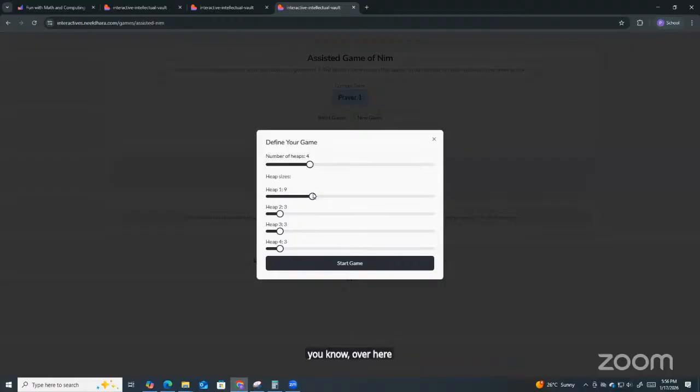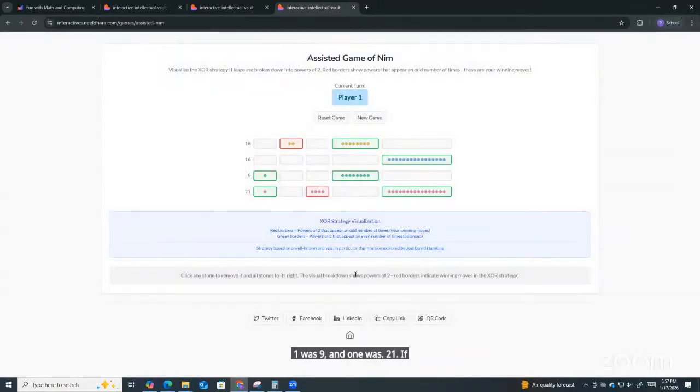One is 10, another is 16, one is 9, and one is 21. If you look at this, there are two reds which are not in a balanced form. It should all be in the green form. So that's why player one should win.